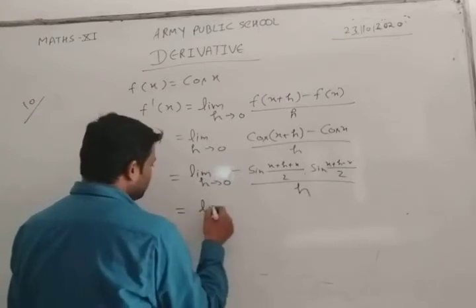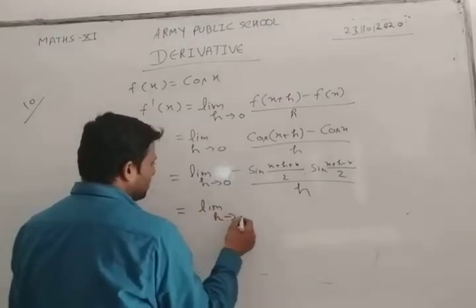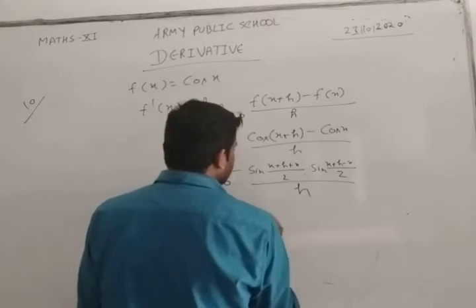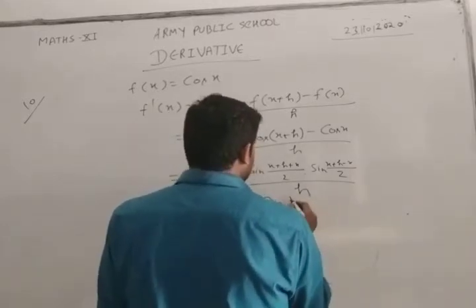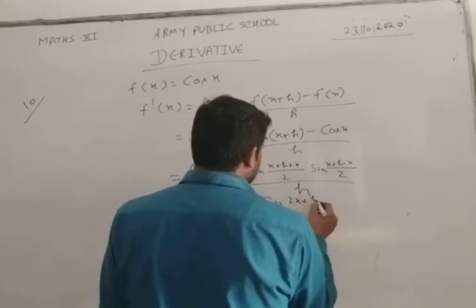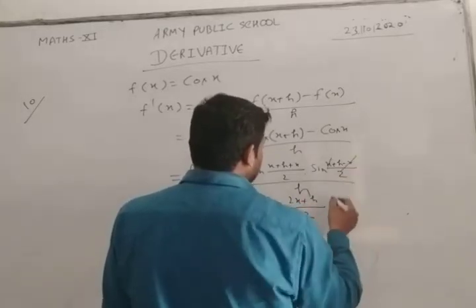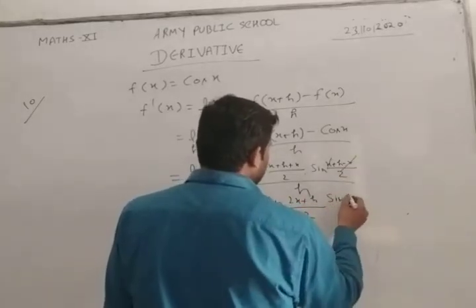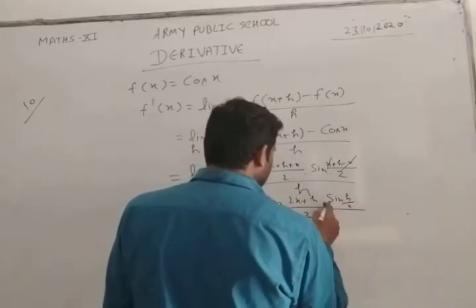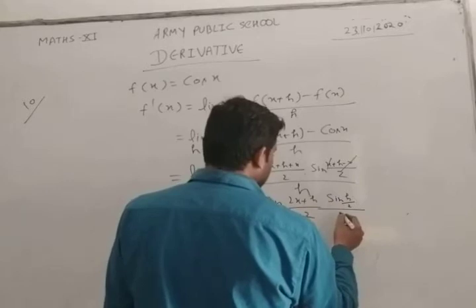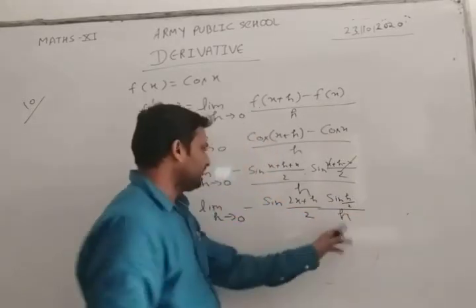Now limit h tends to 0, minus sin (2x+h)/2, and this 2 will be cancelled, sin h/2, and this is h.